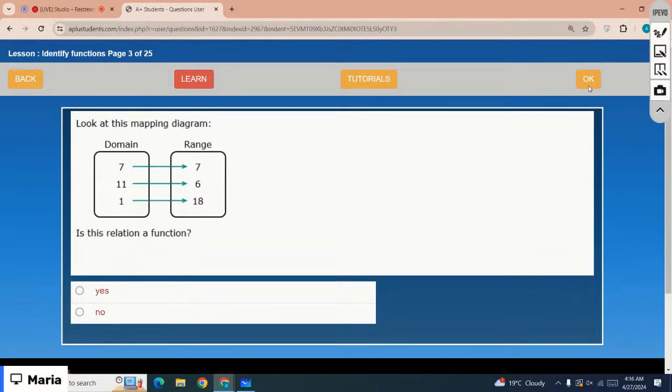The correct option is yes, it is, for each value of x, you have only one value of y. So the correct option is yes.